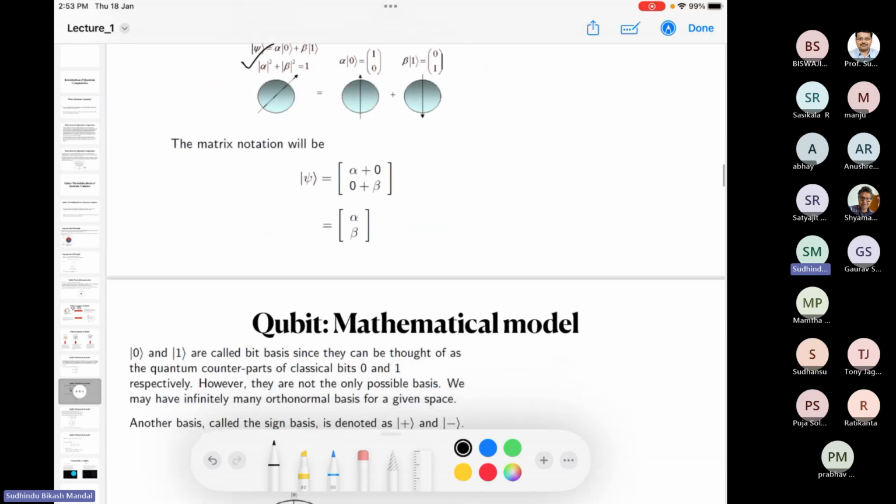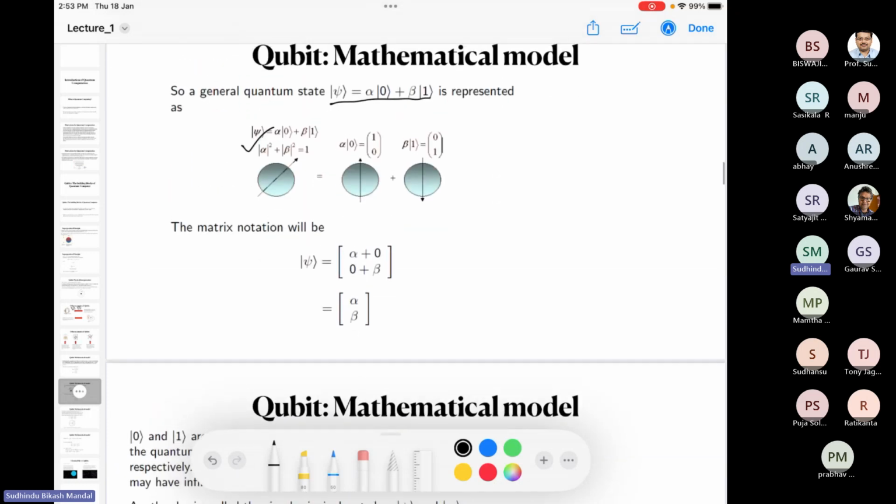In quantum computing, other than the qubit, we need some operators. I will describe this operator in detail. What is the role of this operator? Suppose U is some quantum operator.